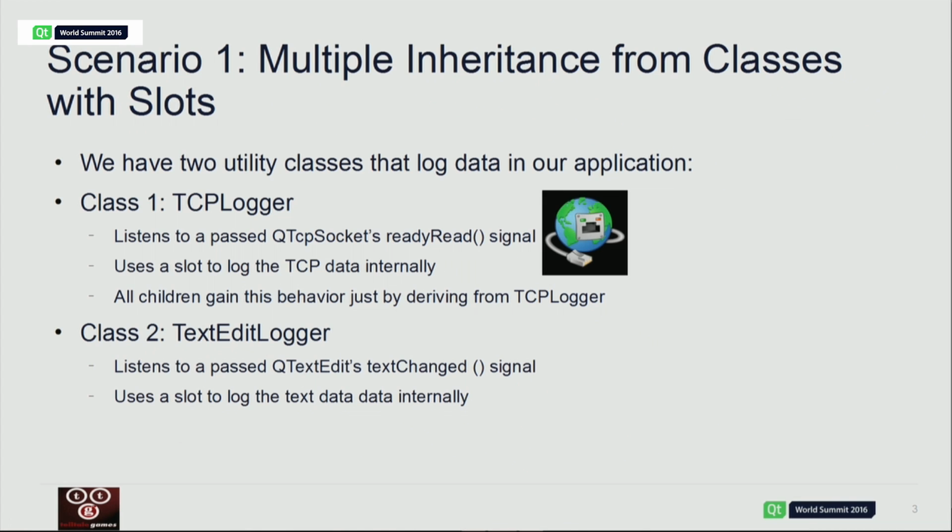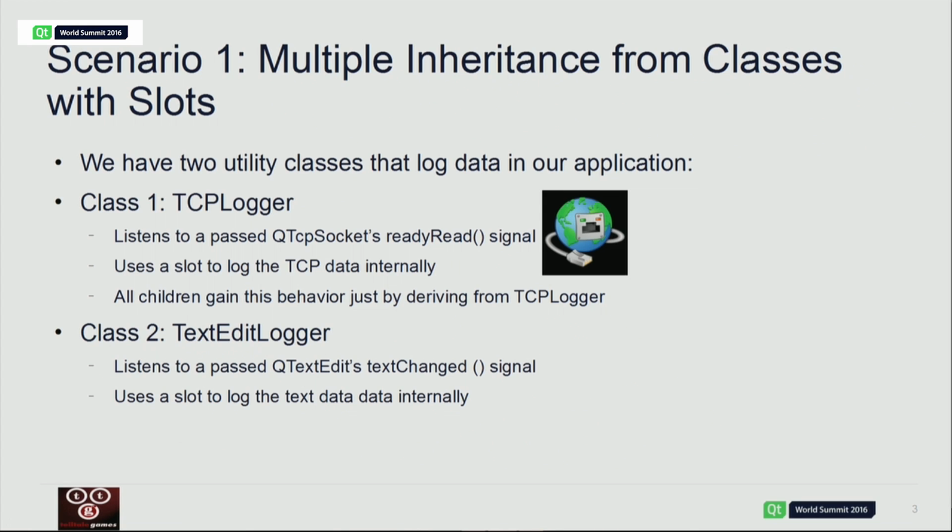The idea of this utility class is if you derive from it, then you as a child automatically get all this functionality. Similarly, just for example's sake, we'll have a text edit logger that, in the same class, you want to be able to listen to a QTextEdit's textChanged signal and then log any text that is changed. And so if you want to combine these into one class, you can have issues.